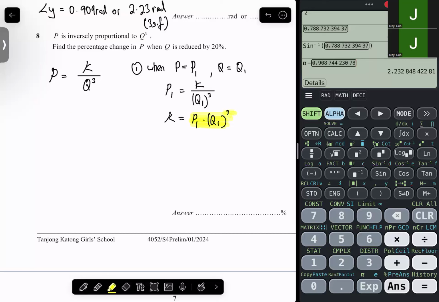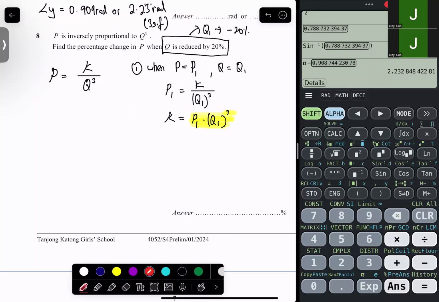Now comes the second situation. Find the percentage change in P when Q is reduced by 20%. When they say Q is reduced by 20%, what they really mean is that Q1 is going to reduce by 20%. So that means Q2 is going to be equal to 0.8 of Q1.